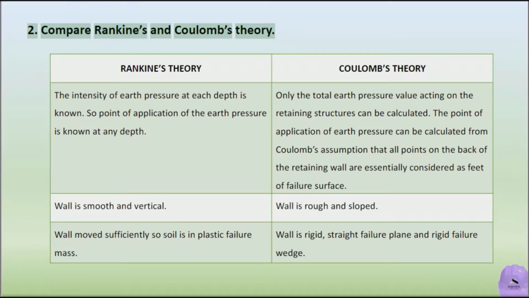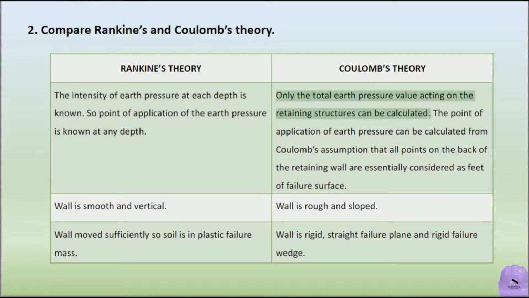2. Compare Rankine's and Coulomb's theory. Rankine's theory: the intensity of earth pressure at each depth is known, so the point of application of the earth pressure is known at any depth.